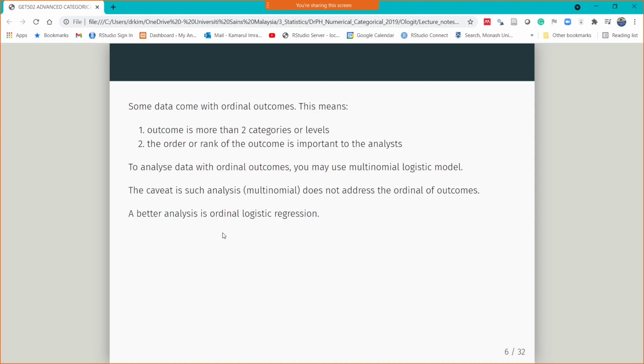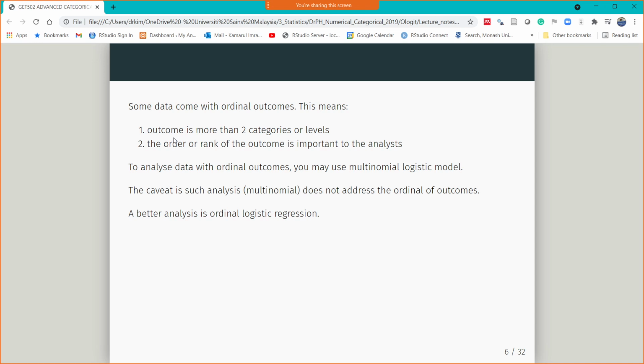So the motivation for this lecture: we know that some data come with ordinal outcomes, meaning that the outcome variable has more than two categories, so three or more categories. And we know that we could analyze this with multinomial logistic regression, like we learned before.